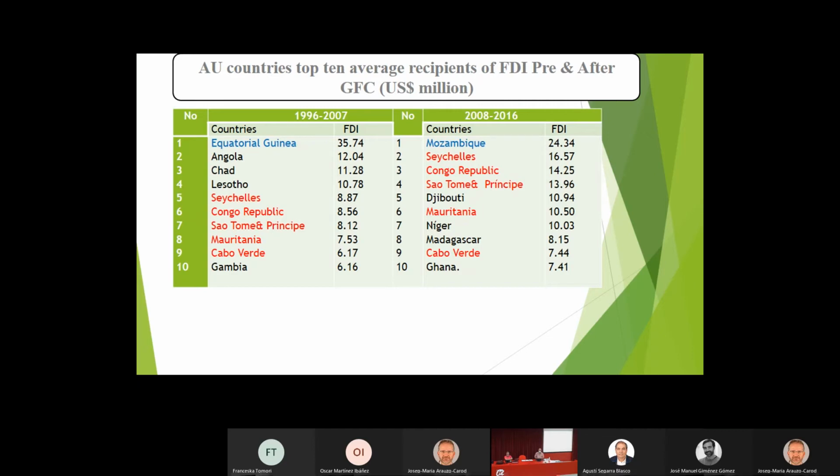In the table, Equatorial Guinea is first, then Mozambique. All of them are small countries, not big ones. The red color means countries that keep receiving FDI in the top 10, like Seychelles, Congo Republic, Sao Tome and Principe, Mauritania, Cabo Verde. You see here and here. This is the concept.